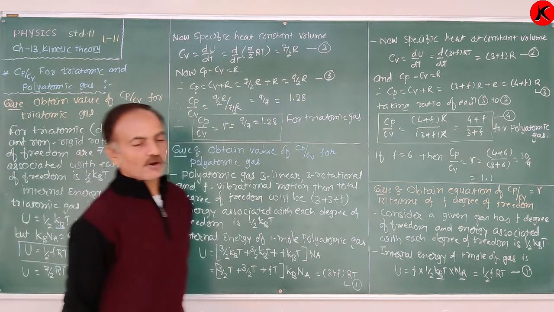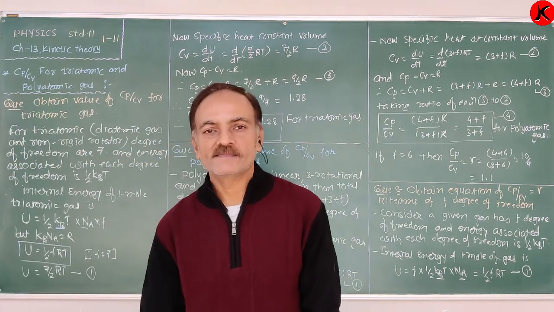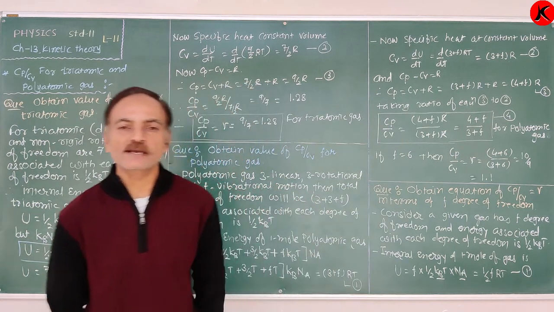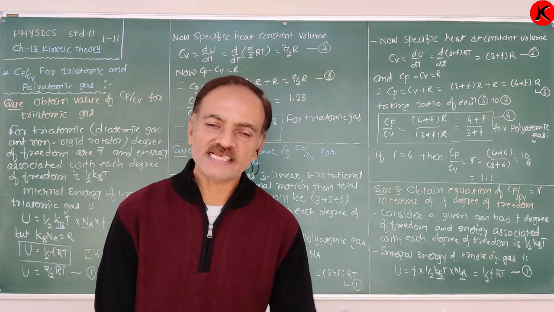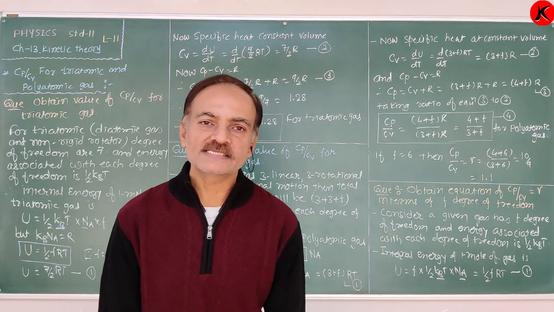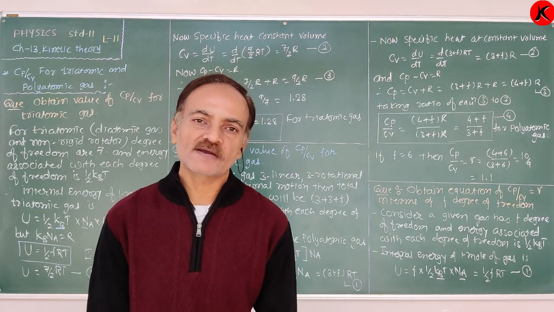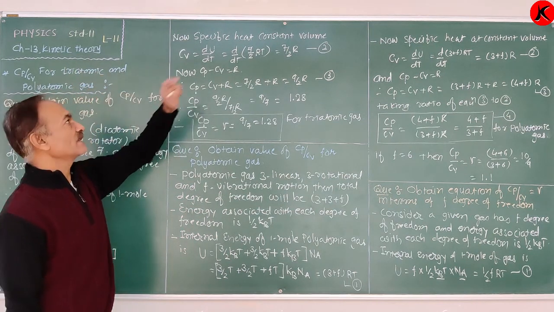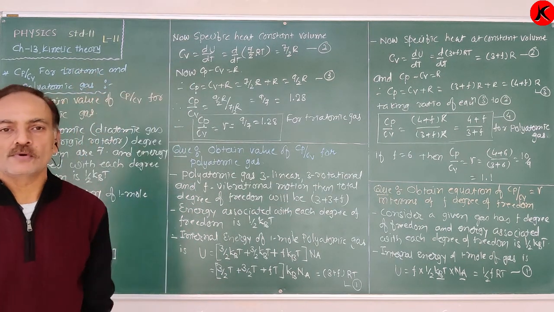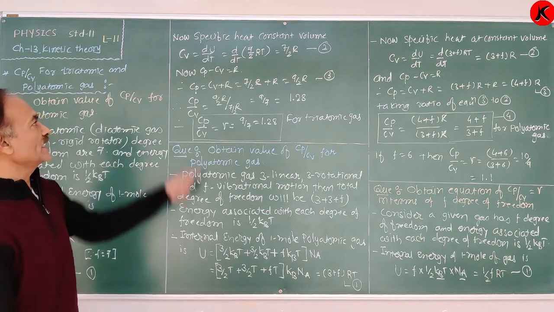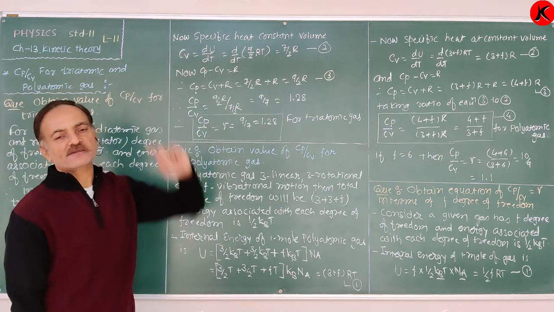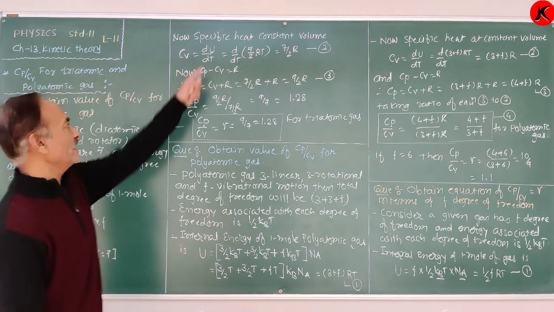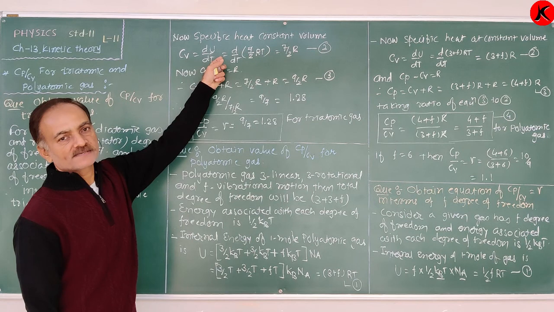Now, the definition of specific heat at constant volume. We already defined the specific heat at constant volume and constant pressure, and the relation between Cp and Cv is Cp minus Cv is equal to R. Now, the specific heat at constant volume, the equation is Cv is equal to dU by dT, that means the derivative of internal energy with respect to temperature, or the relative change in internal energy with change in temperature.